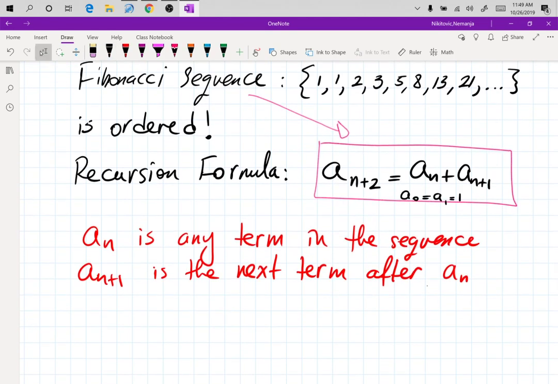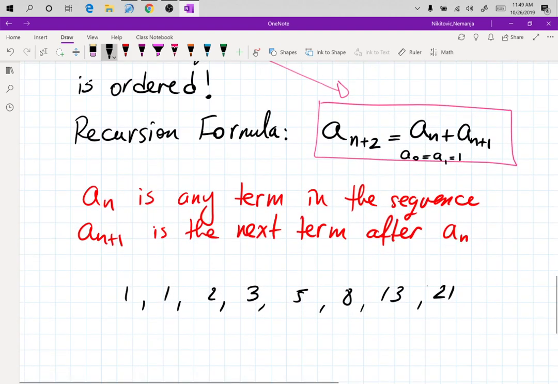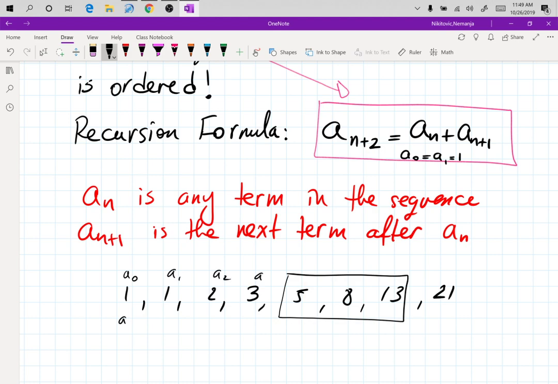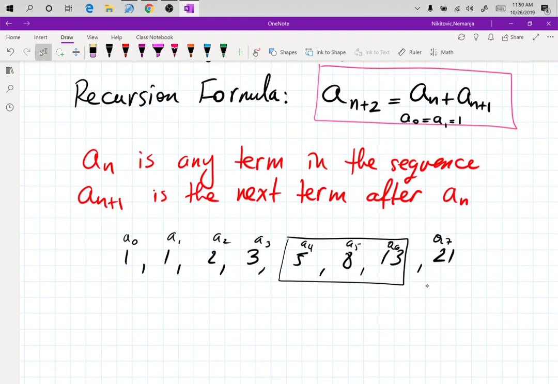So now, if I just write this: 1, 1, 2, 3, 5, 8, 13, 21, and let's say I take a look at these three terms here. This is my A0, A1, A2, A3, A4, A5, A6, A7. What I see here fits the function greatly.